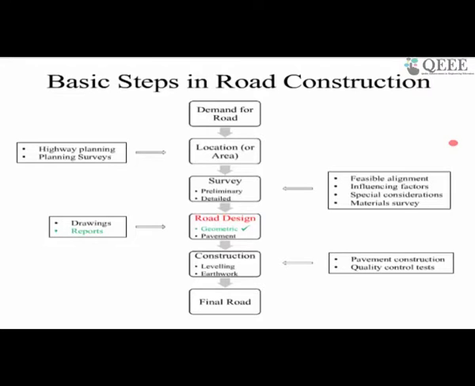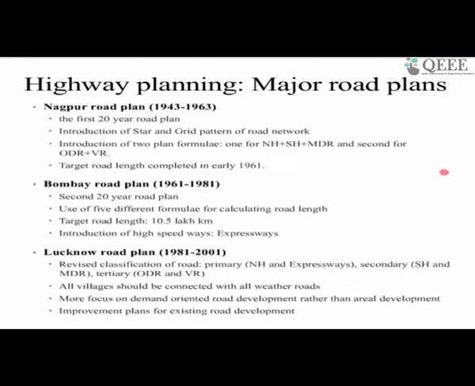So, as I told you, the basic steps in road construction. In the planning process, the first plan was the Nagpur Road Plan, where roads were divided into national highway, state highway, major district road, other district road, village road, etc. Then came the Bombay Road Plan, 1961 to 1981.